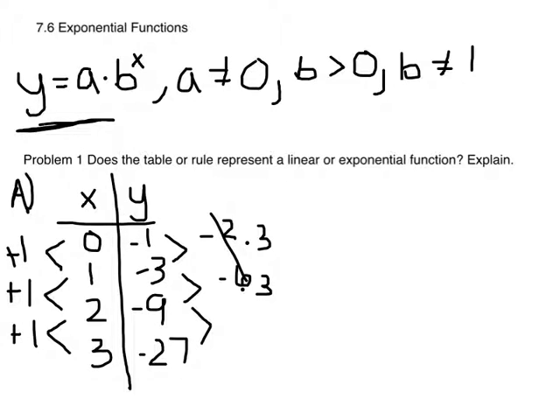And if I multiply negative 9 by 3, I get negative 27. So because these are all being multiplied, maybe I should use a different color for that. So these are being multiplied, right? And these are being added. That means this is an exponential function.